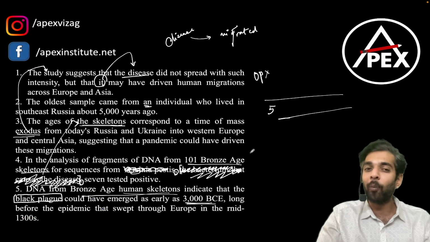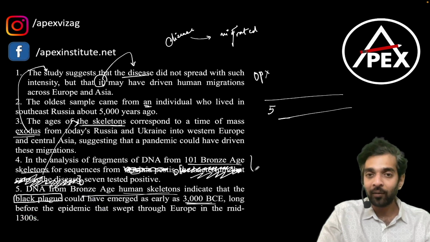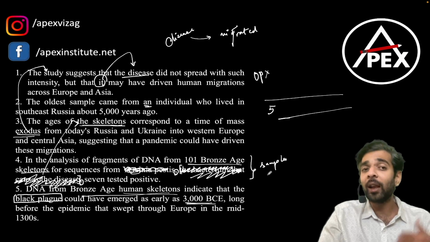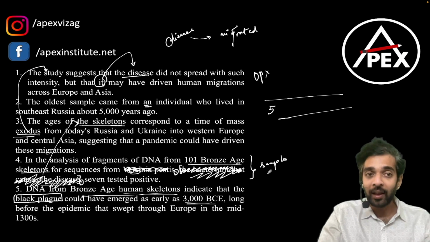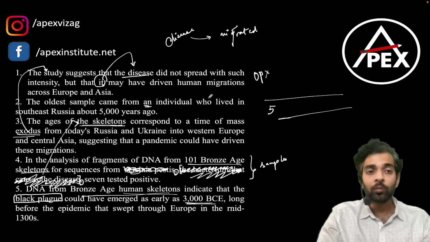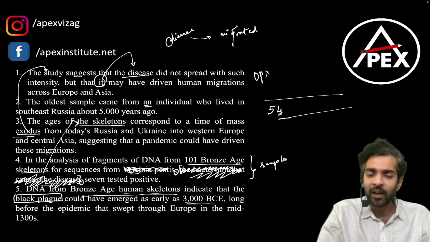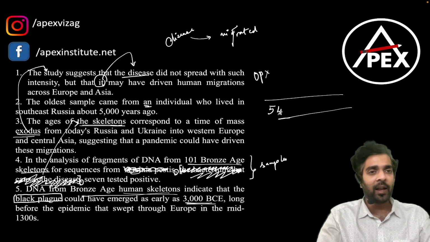Now obviously here you can see that we are talking about something relating to the samples. So definitely, where else have we seen that? We have seen that in 2. So there should be some link between 4 and 2, maybe a direct link, maybe an indirect link.